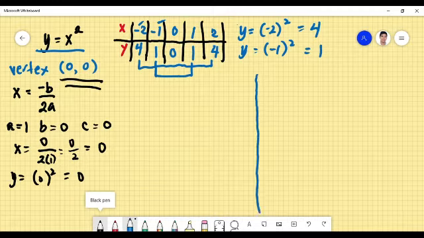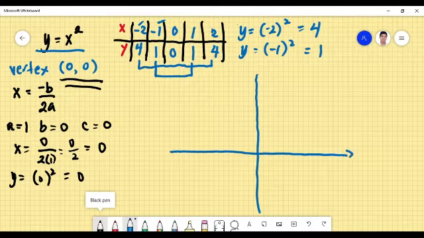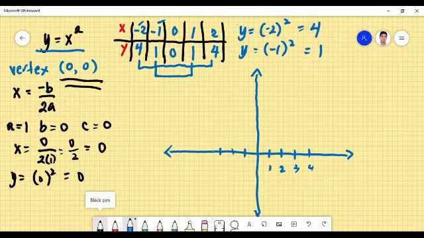ready na tayo para mag-graph sa Cartesian coordinate system. So we have the x and the y axis here. Dito yung 0 natin. Then we have 1, 2, 3, and 4. Tapos sa kabilang side 1, 2, 3, and 4.